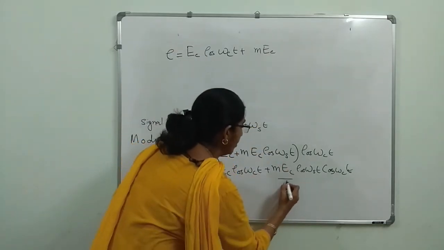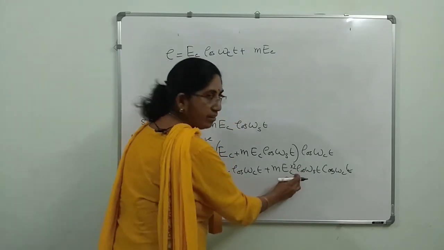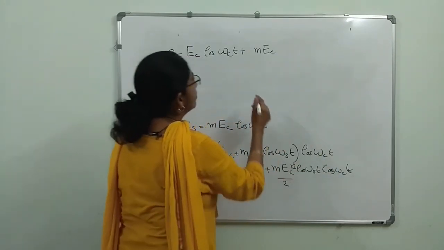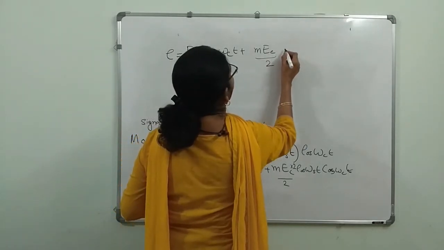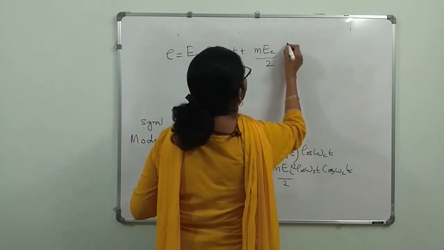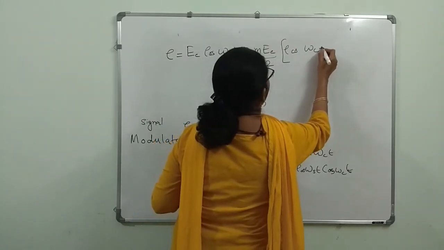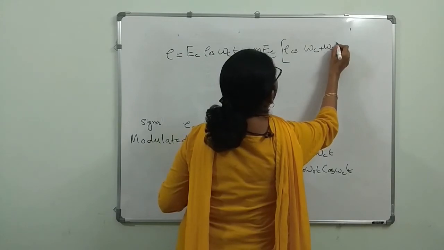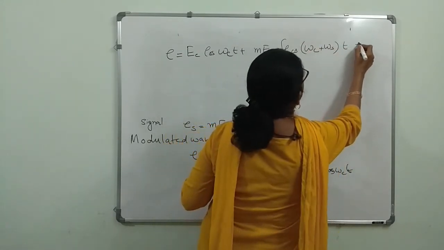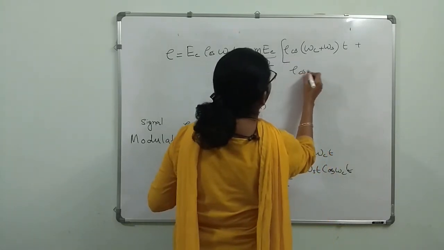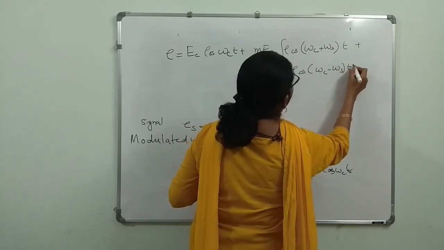I'm going to divide and multiply by 2 so that I can get the form 2 cos A cos B. So this will be MEC by 2 into cos (omega C plus omega S) into T plus cos (omega C minus omega S) into T.